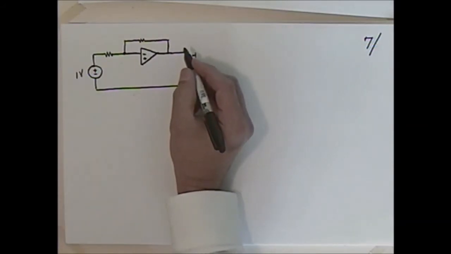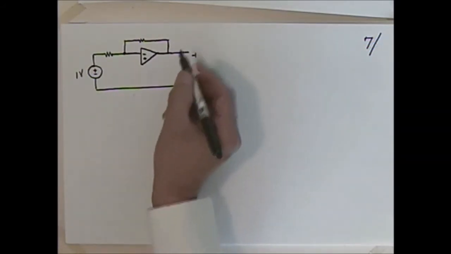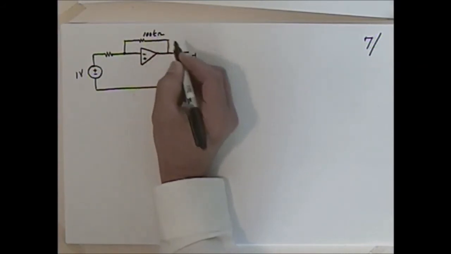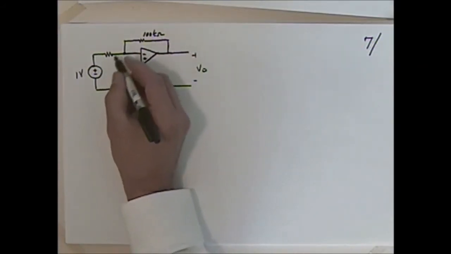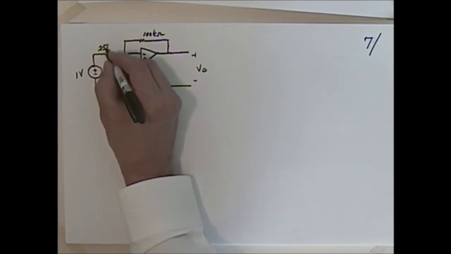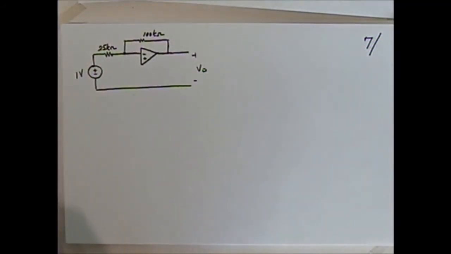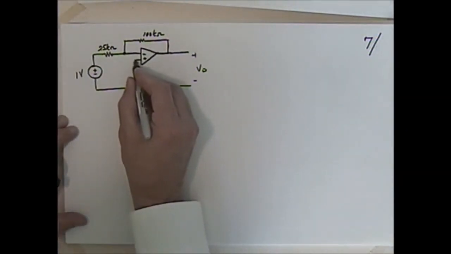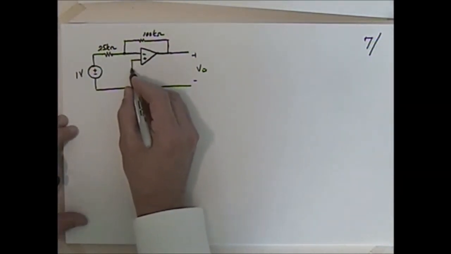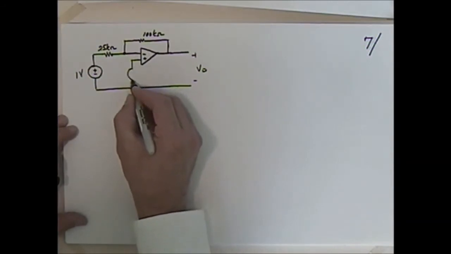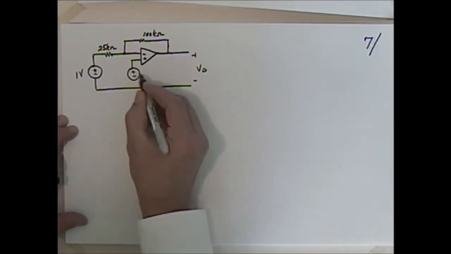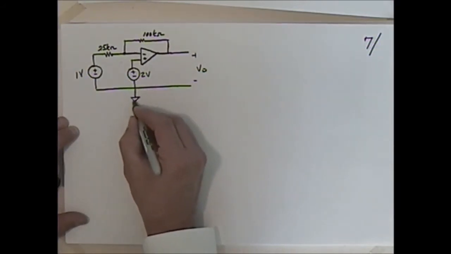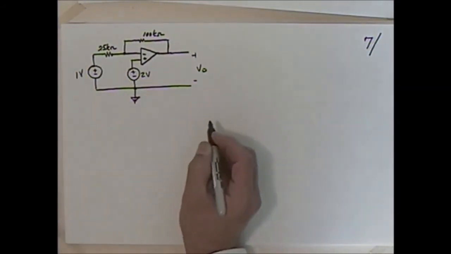We'll say the same thing here, 100k ohms and 25k ohms. Then I'll change it up a little bit over here. Instead of just having a dead short to ground, I'll put a voltage source here. We'll say that's 2 volts. And there we go. Back to ground there.